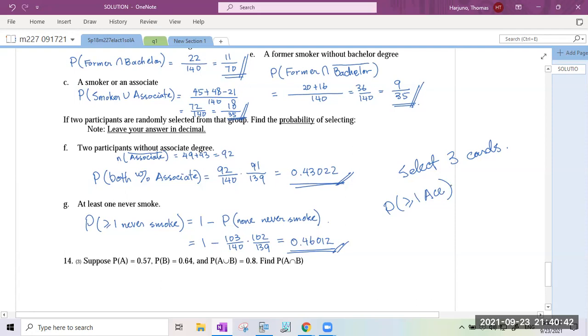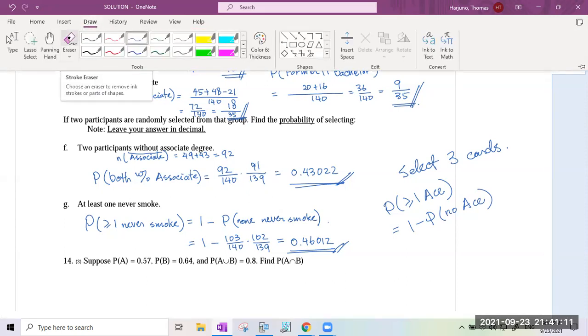Maybe one of them ace, maybe 2 of them ace, or 3 of them ace. But that probability will be 1 minus probability that you get no ace. Does it make sense? It's easier to compute it this way. Instead of computing the probability of getting 1 ace plus probability of getting 2 aces plus probability of getting 3 aces. That's a lot harder.